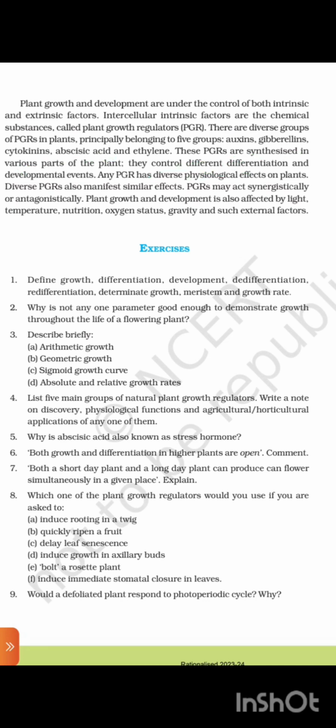They control different differentiation and developmental events. Any PGR has diverse physiological effects on plants. Diverse PGR also manifest similar effects. PGR may act synergistically or antagonistically. Plant growth and development is also affected by temperature, nutrition, oxygen status, gravity, and such external factors.